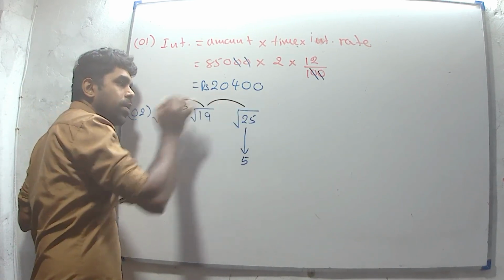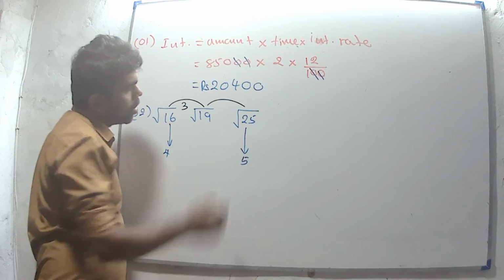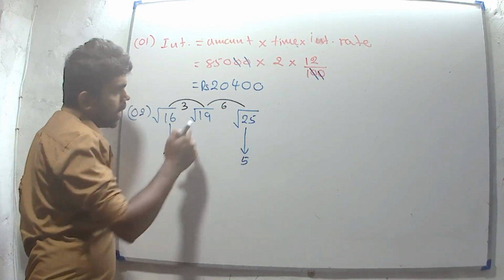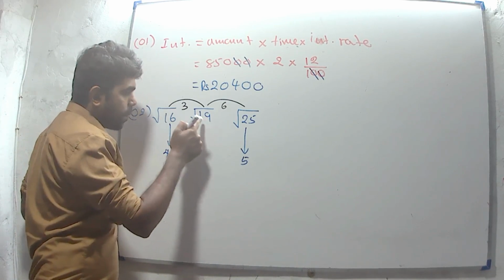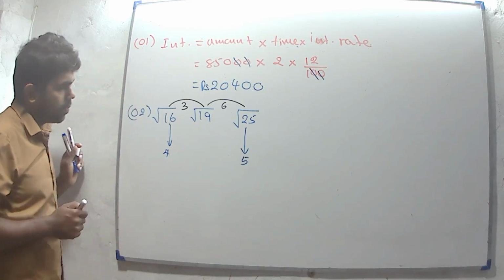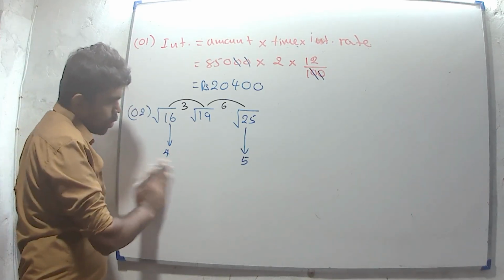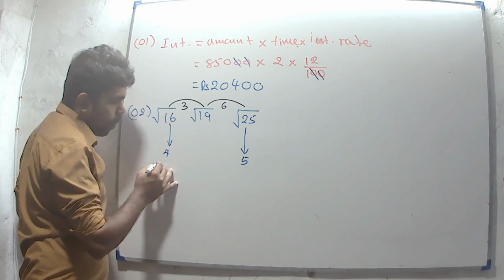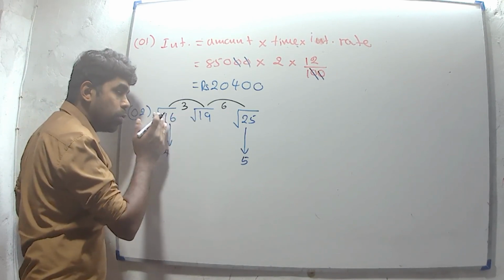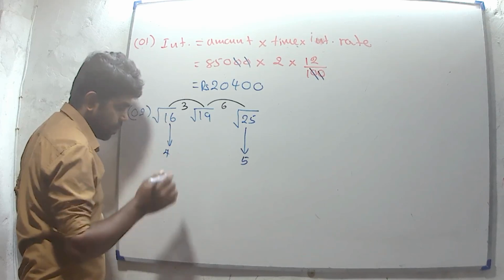The difference between 25 and 19 is 6. Then we can get that root 19 is near to root 16. Then it should be a value less than 4.5. It is close to 16.